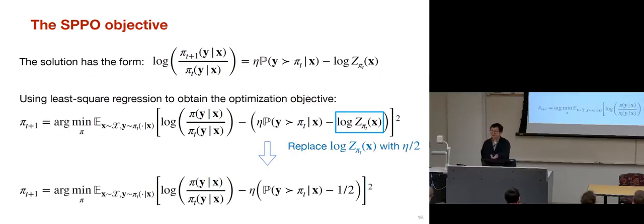But the motivation behind this choice I already explained: when this algorithm converges, which means when pi t plus 1 equals pi t, then the first term, this log density ratio, will equal 0, and this pairwise comparison will equal 1/2, because you are basically comparing pi t with itself. And we want this loss function to be equal to 0. So that's why we choose this log partition function to be eta divided by 2.